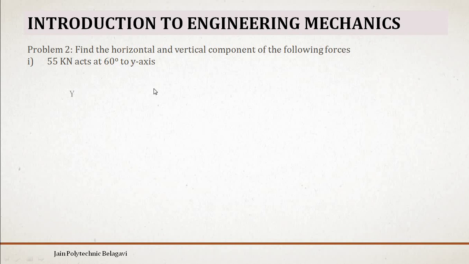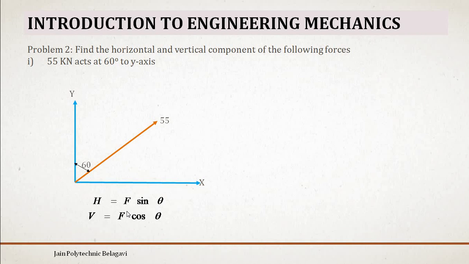Now we can concentrate on the second problem. Find the horizontal and vertical component of the following forces. 55 kilonewton acts at 60 degrees to the y-axis. Now you can see the theta is not at the x-axis, it is at the y-axis. So the force F is 55 kilonewton, and we are going to find the force in the vertical direction and the force in the horizontal direction.